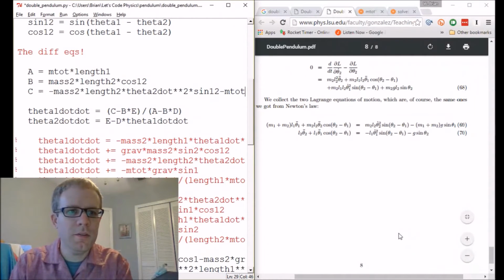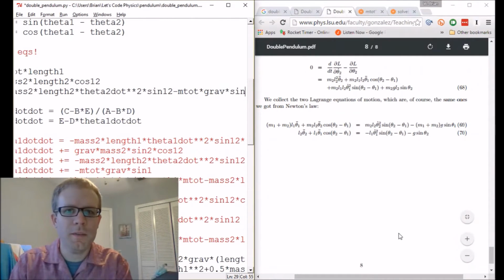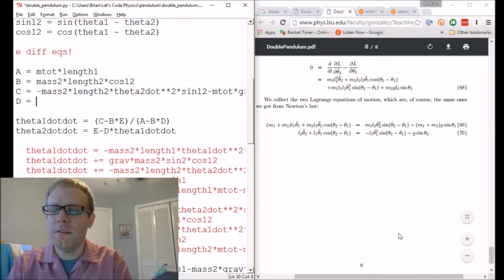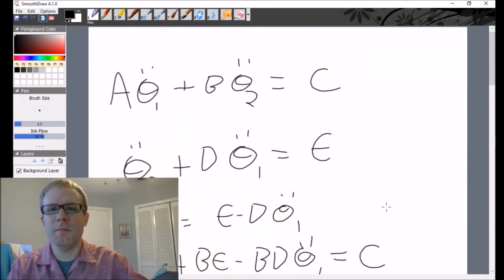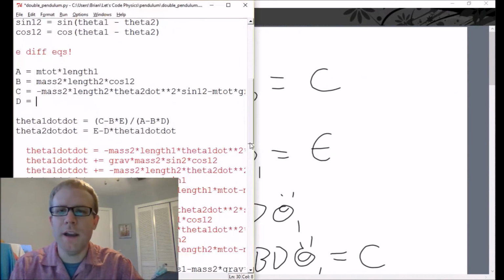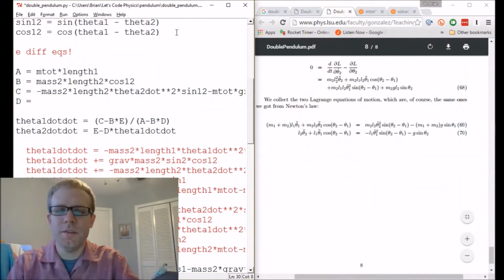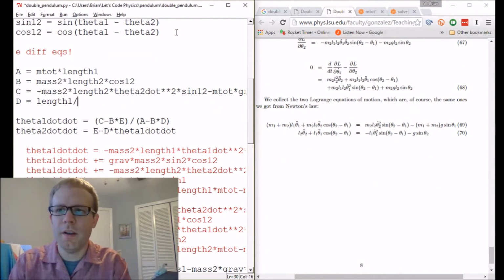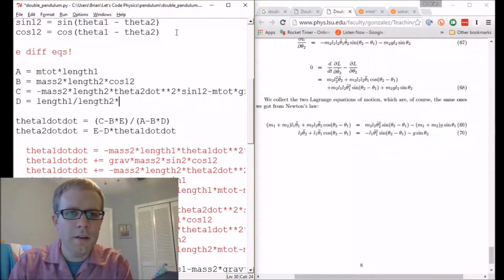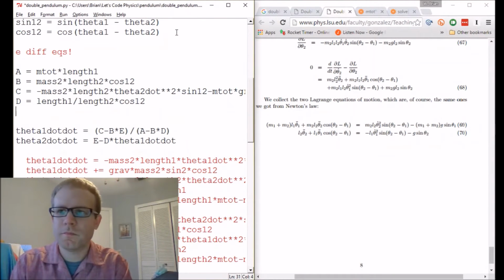Minus m tot times grav times sine 1. D is whatever is multiplying theta 1 double dot divided by L2. So D is going to be length 1 divided by length 2 times cosine 1, 2.